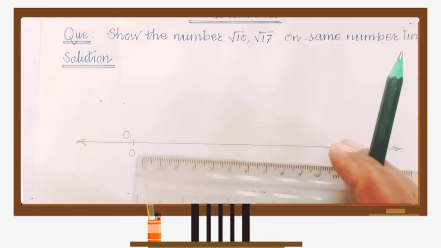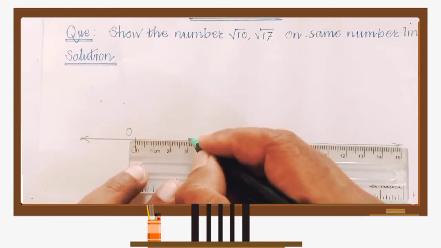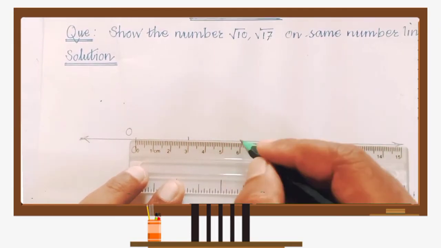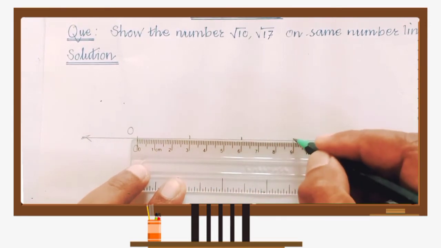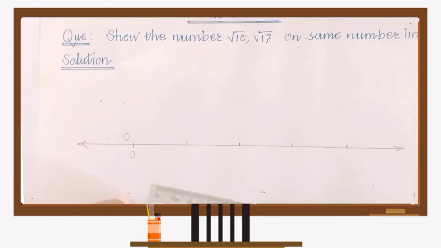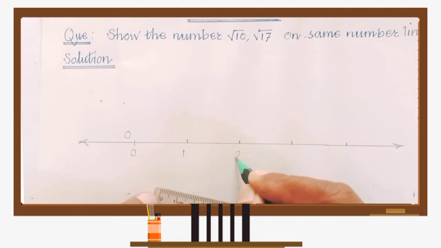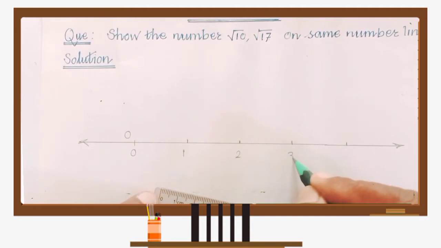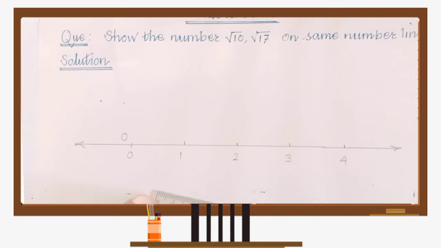So you draw here, it is the first unit, the second unit, the third unit, and the fourth unit. It is the 1 unit distance, the 2 unit distance, the 3 unit distance, the 4 unit distance.